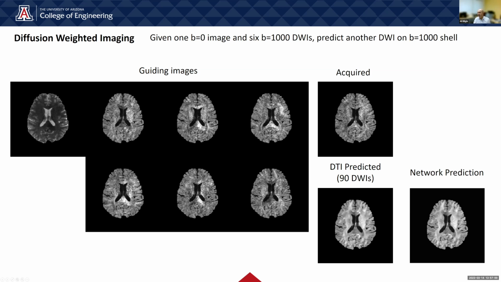This is my reference image, if you will. Now, in this process, just using these guiding images and using the guided diffusion model, I'm able to predict an image that looks fairly clean along this direction. This is another use of the diffusion model in an inverse problem.